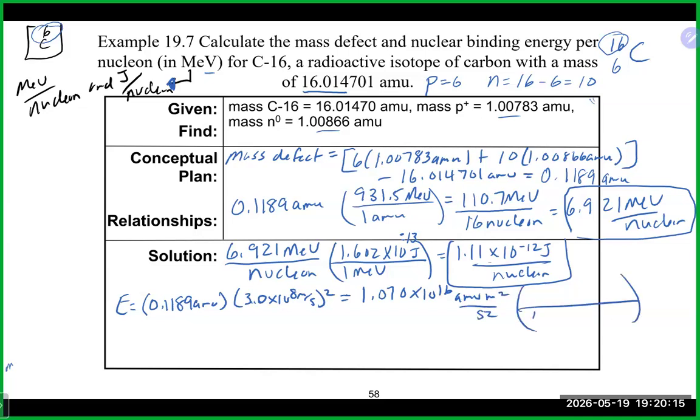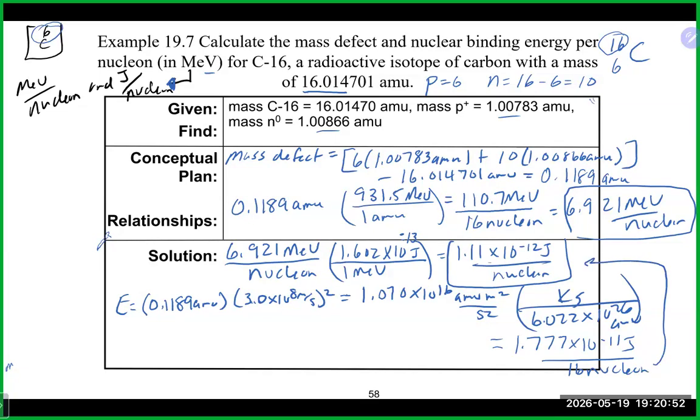Then you would use Avogadro's number, 6.022 times 10 to the 26 AMU per kilogram. That should get us to our joule number. Again, it might be slightly different with some rounding, but it should get us there. Divided by our 16 gets us there. So that gets you 1.777 times 10 to the minus 11 joules, divided by our 16 nucleons.